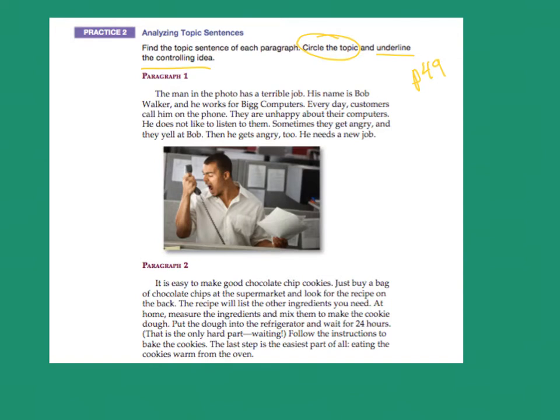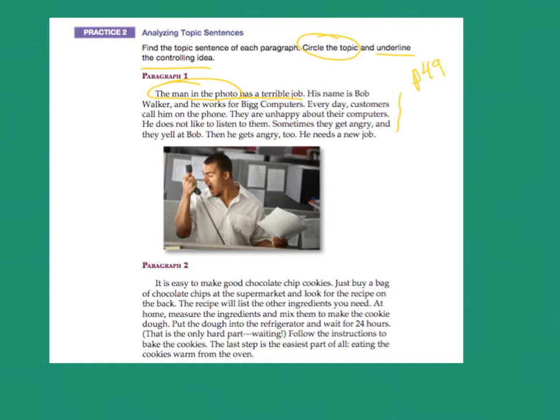So I would say that our topic is the man in the photo. What are we going to say about the man in the photo? We're going to talk about his terrible job. So that's our controlling idea. Then all the other sentences in the paragraph talk about how his job is terrible. And it really does sound bad.